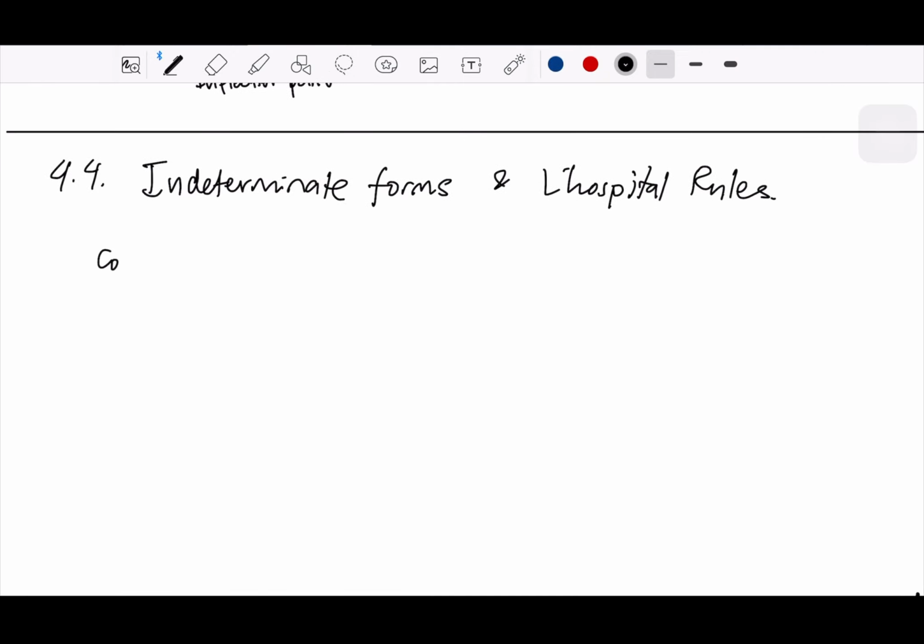Maybe consider f of x is a quadratic equation, let's say x squared plus 3x minus 4, and function g of x is the natural logarithm ln x.